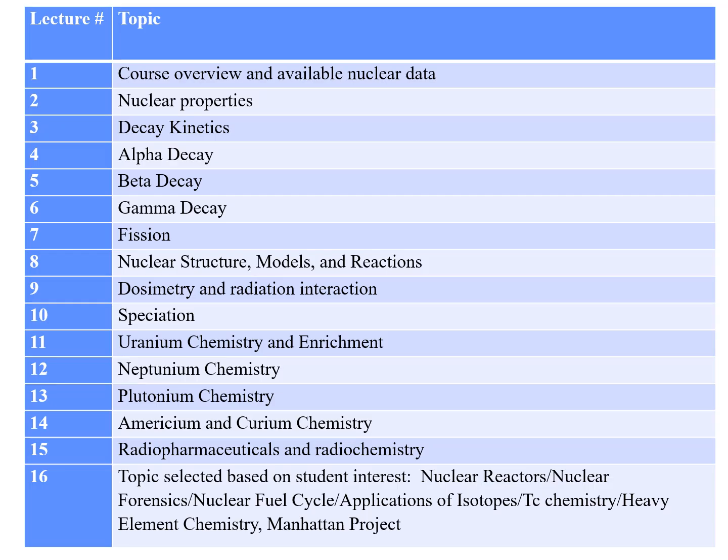The course topics are shown here, where we'll cover nuclear data, nuclear properties, decay kinetics, the different types of radioactive decay, nuclear structure models and reactions, interaction of radiation with matter, and associated dosimetry. And then we'll move on to the chemistry of radioelements.